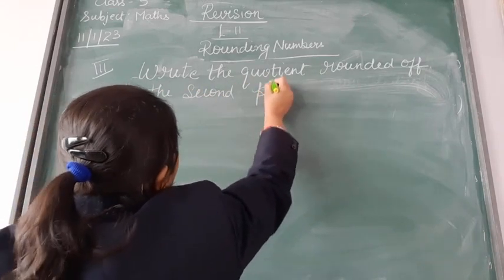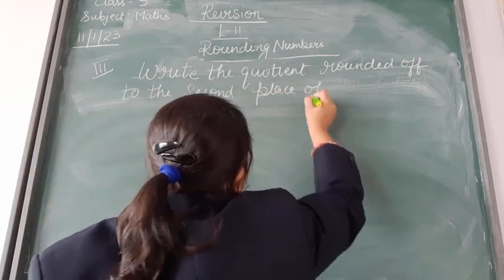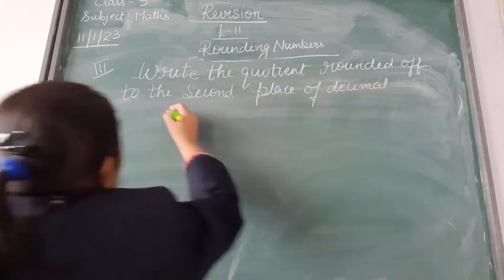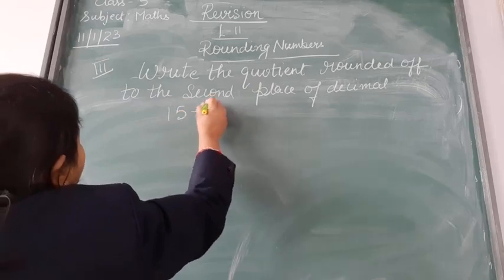Second place of decimal. And the question is 15 divided by 7.